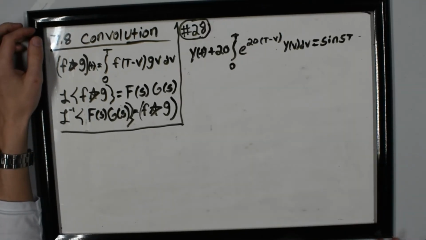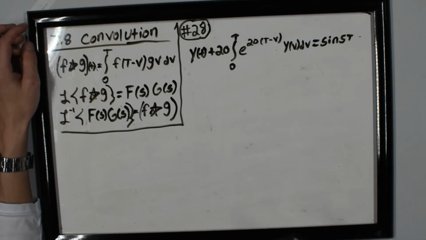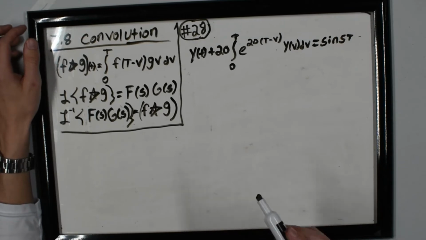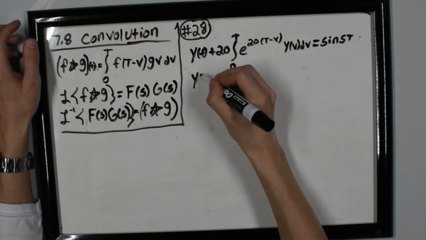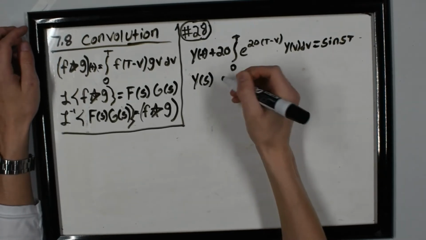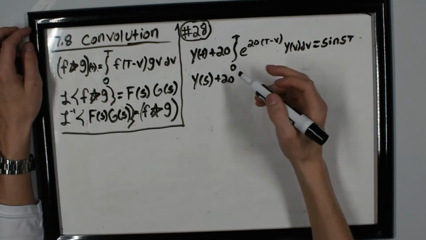Okay, so in this problem, this is number 28 in the homework. Another convolution. This one's not really an initial value problem because we aren't dealing with any derivatives. But nonetheless, we want to find y of t. So the first thing we're going to do is the Laplace transforms of both sides. So this will be Y of s. This will be plus 20.